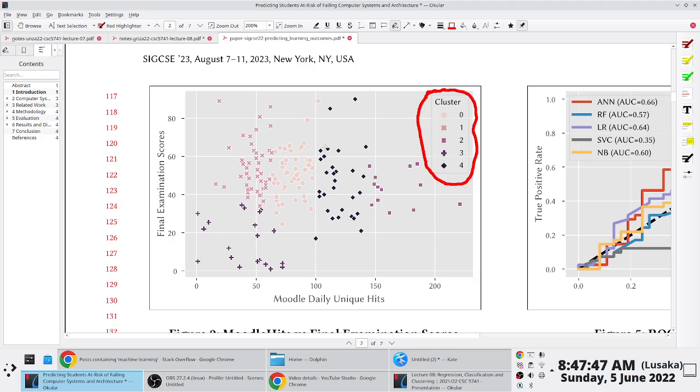And if you plot those clusters, you notice here they're color coded differently. You will notice that there are groups that have manifested themselves, right? So we have a cluster of students falling in this group here, right?